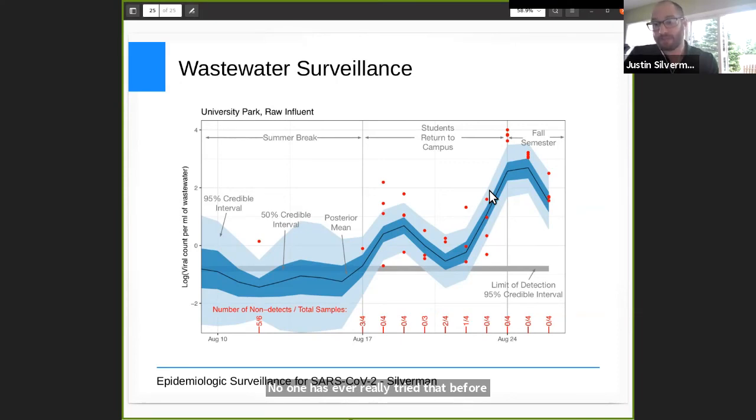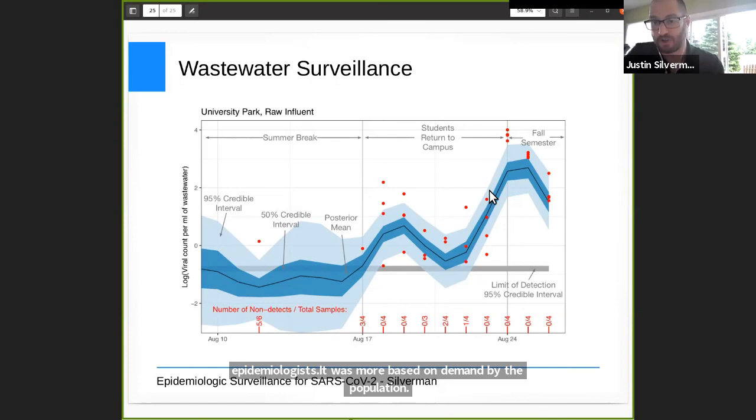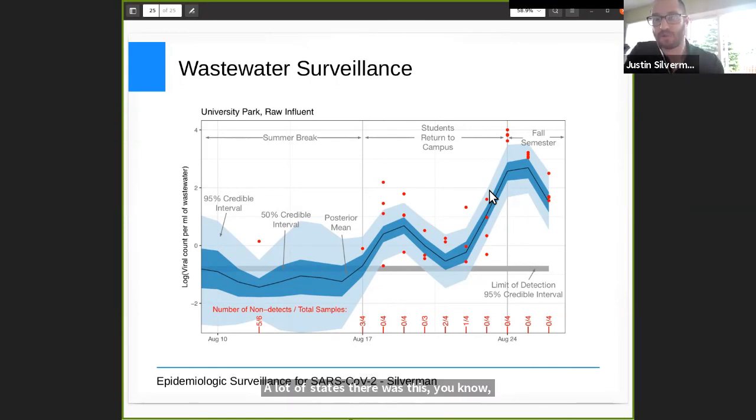What I'd say is that from a political level, the decision was less based on, for example, simulations or discussions with epidemiologists, and it was more based on demand by the population. In a lot of states, you started having increasing non-pharmacological interventions in New York, and there was pressure on politicians to expand this.